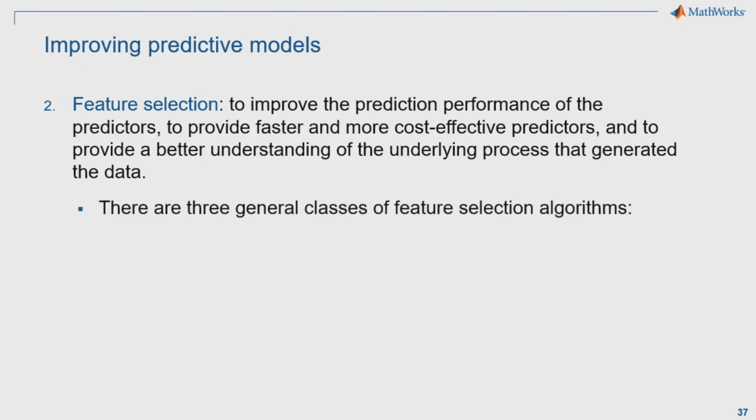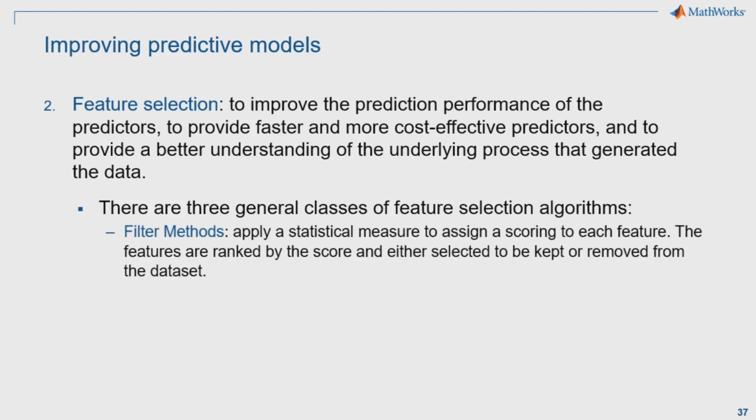In particular, there are three main classes of feature selection algorithms. There are the filter methods. Filter methods are those that apply a statistical measure to the different features describing your data, and by assigning a score, they select the ones which obtain the highest score based on the statistical measure adopted.